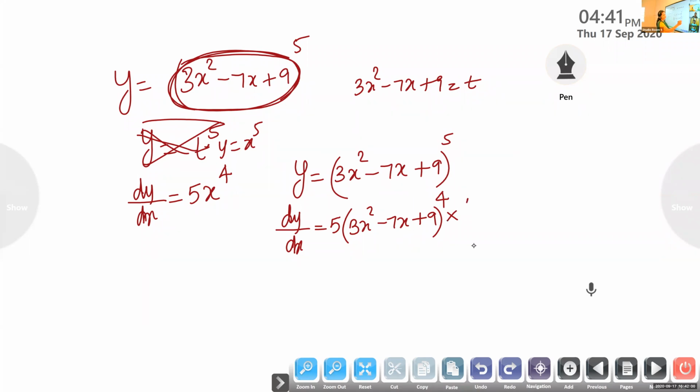That one again you differentiate. When you differentiate this, you will get 6x minus 7.